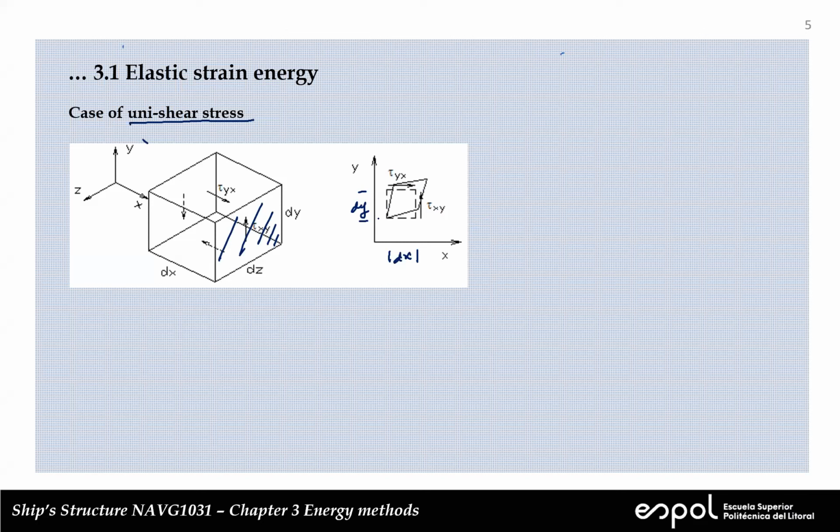So you multiply this by dy dz, right? You are going to move this distance. You see that this distance is in the vertical direction. So this distance can be obtained using this angle, and this angle is equal to dv dx.